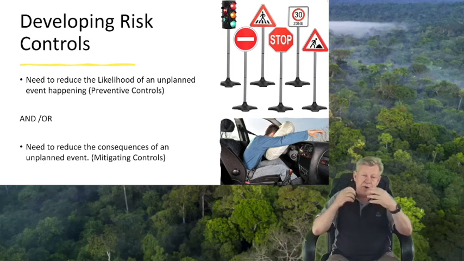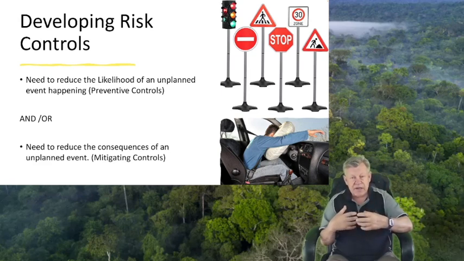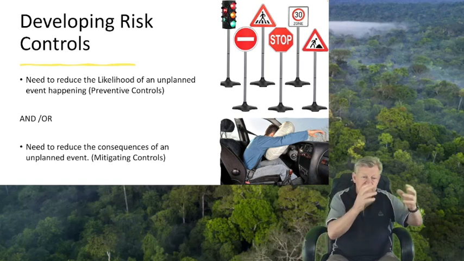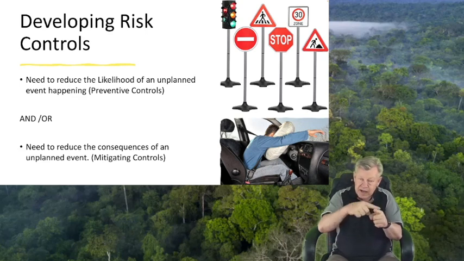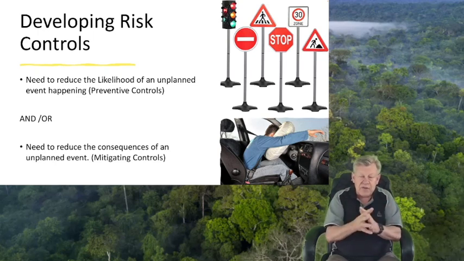So, preventative measures and mitigating measures. Prevention is trying to stop the injury from happening. Mitigation is give the guy PPE so that if he cuts or if he slips, then the sharp object will catch the glove or the protective clothing first.